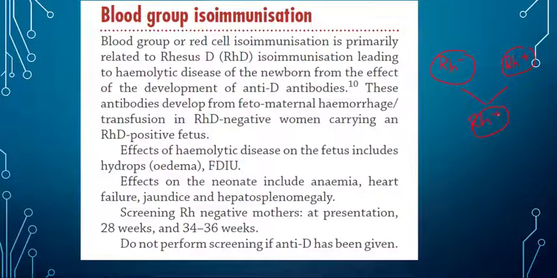So this is the first pregnancy that I am talking about. In the first pregnancy or first baby, during delivery, if there is any mixture of fetal and maternal blood, the RH positive blood goes into the mother's blood, and she will develop an antibody against this RH positive blood.